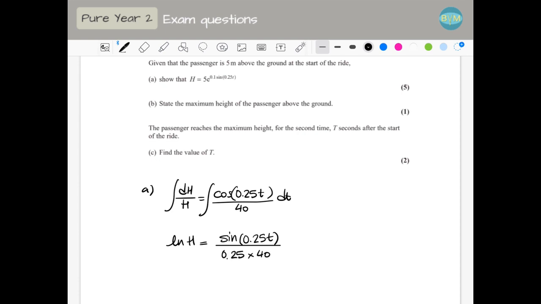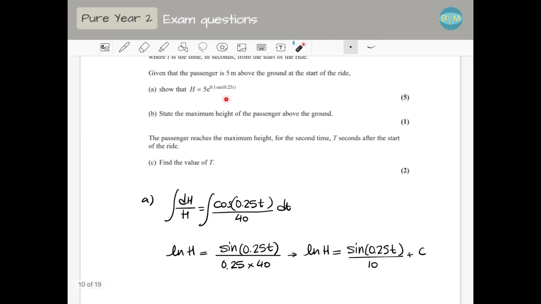This means ln h is going to be sine 0.25t divided by 10 plus the constant of integration. You see that here they have removed the ln, and the divide by 10 has become 0.1. Divide by 10 is the same as multiply by 0.1.